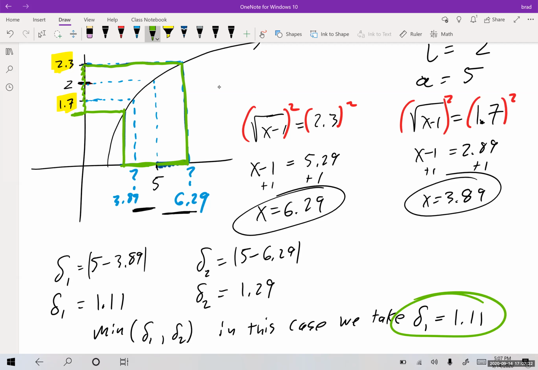Okay, so this is a case where they gave us epsilon so we could actually find the delta. If they don't tell you epsilon and they just give you epsilon as a variable and say find it for all epsilon, well then your answer will also be a proof, okay? In this case, they didn't want a proof, they just wanted us to find the delta that would guarantee it.